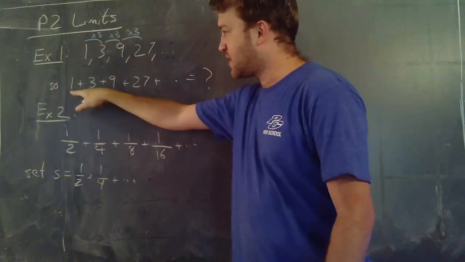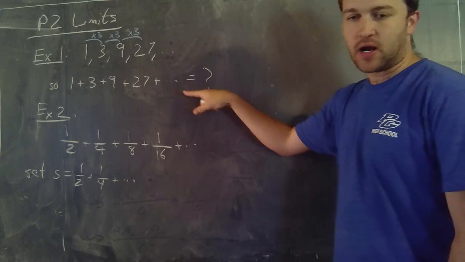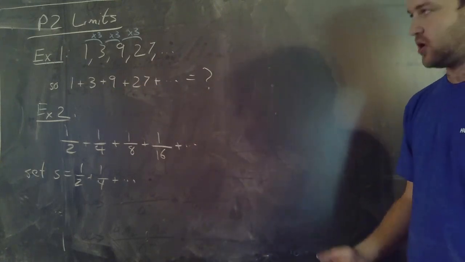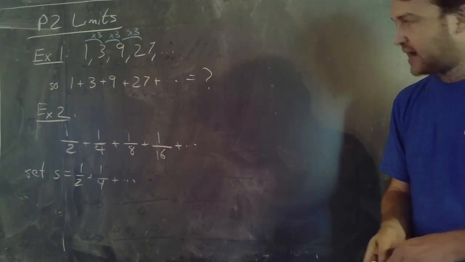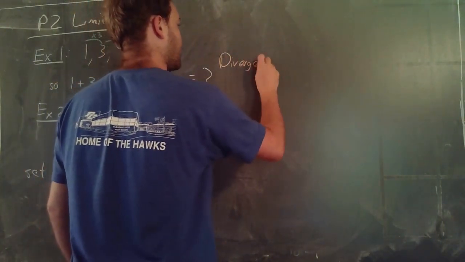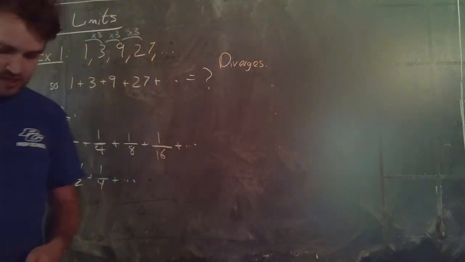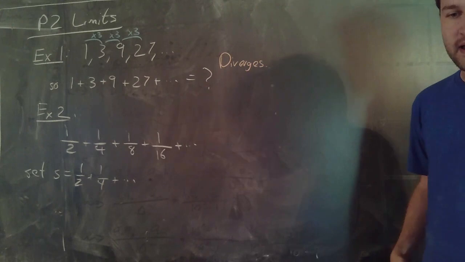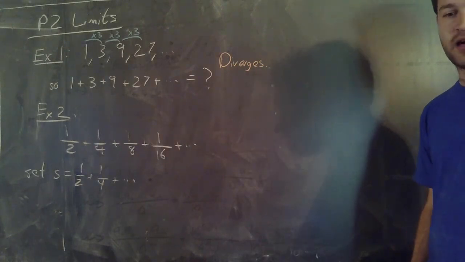So obviously when I continue to add bigger and bigger numbers, I can make this series as arbitrarily large as I want, and as a result it diverges.